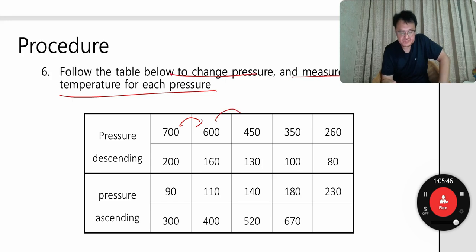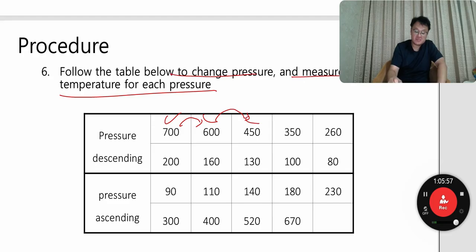Then you pump down the system further, decreasing the pressure, and measure the boiling point again. You do that for about 10 different pressures.